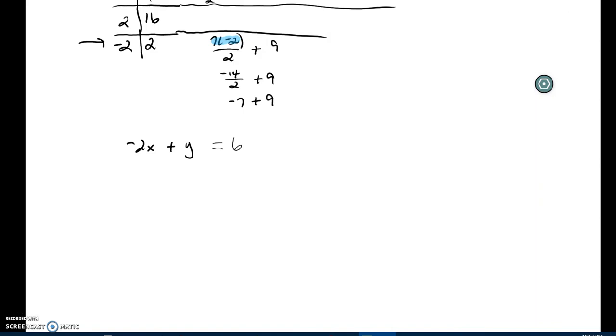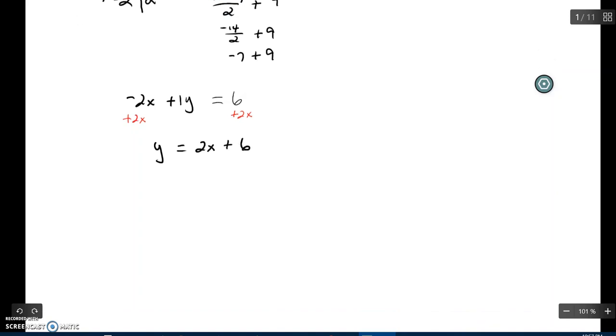But since it would be pretty easy to solve this thing for y, because the coefficient of y is 1, I can get y by itself simply by adding 2x to both sides. And if we did that, we would get y is equal to 2x plus 6.